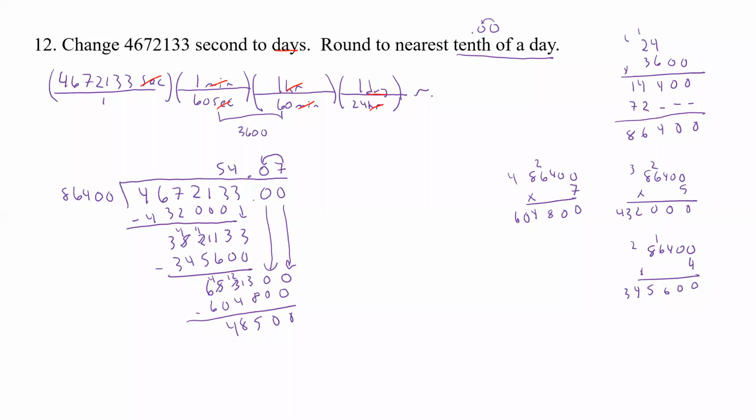And so this is approximately 54.1 days. And so that is our solution to this one. So again, like I said, this unit conversion is a lot of going back to can you multiply and can you divide? And that's really what it's all about. The work as far as setting it up, that's important too, but then after that it's down to can you multiply and divide.